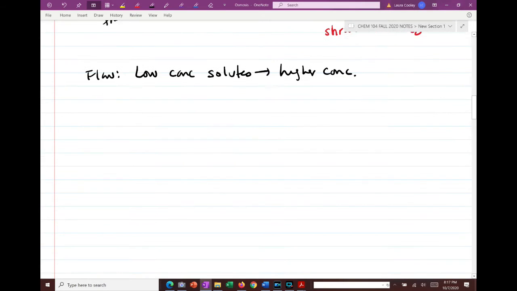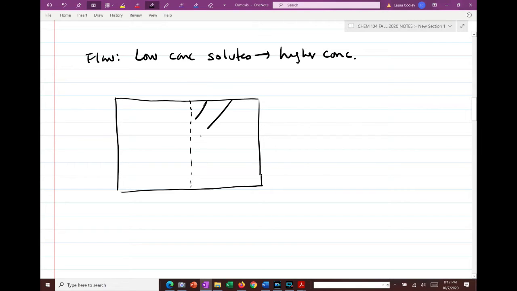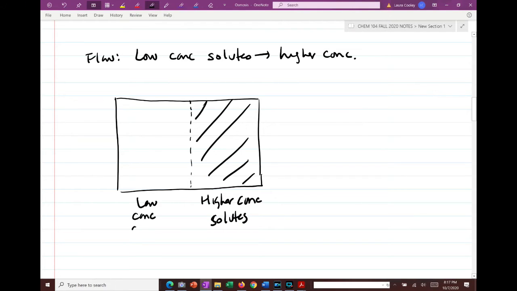So the first question I would ask is, if you have a container and you have a semi-permeable membrane, draw it like that, and on this side you have a much higher concentration of solutes and on the other a lower concentration. So the question is, is the water only flowing in one direction?